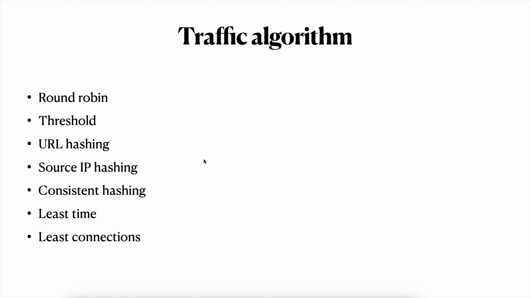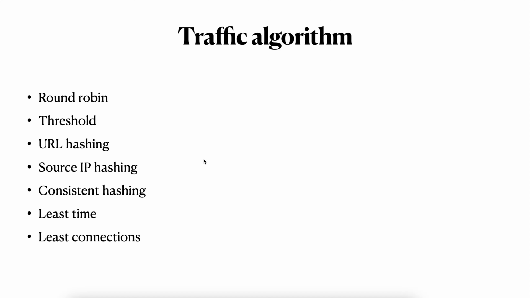The round robin algorithm will distribute or send traffic one by one. So if we have 10 instances of a service, then first request will go to the first instance, second request will go to the second instance. So that way it will go one after another.